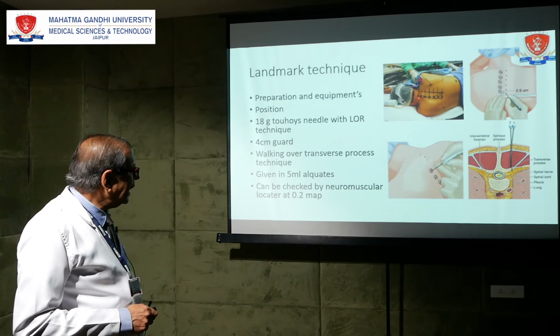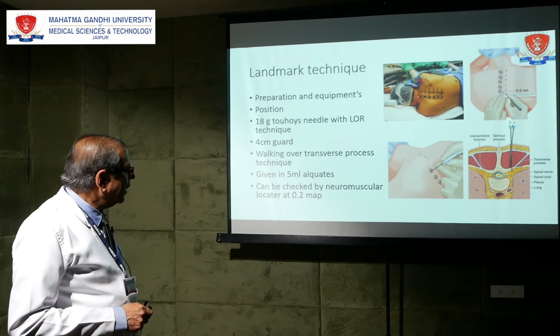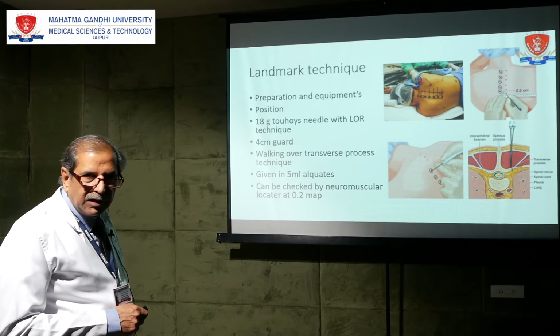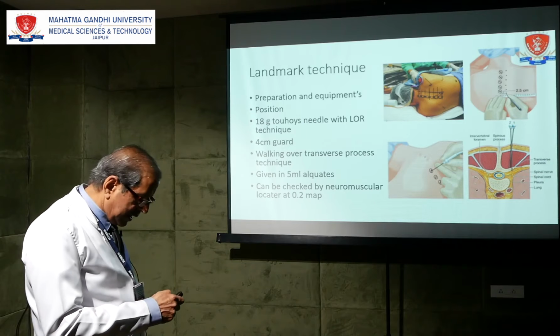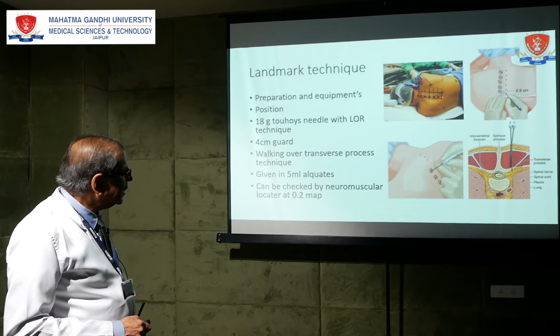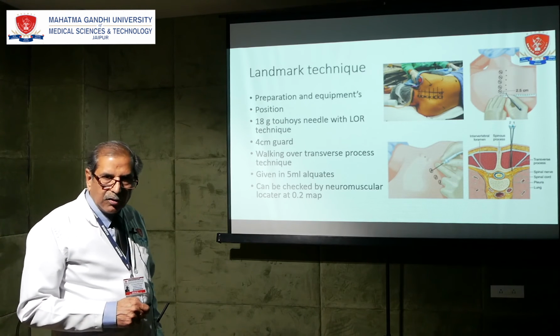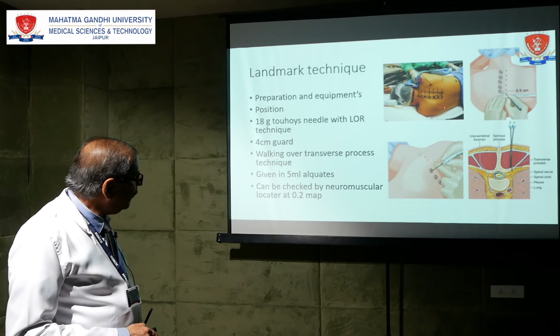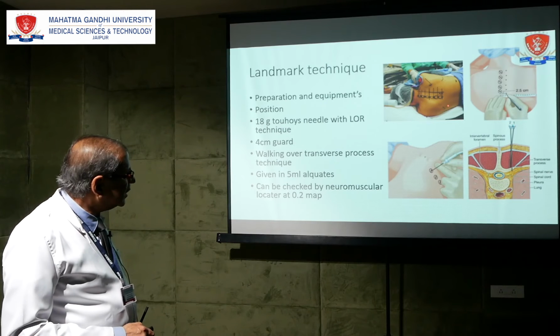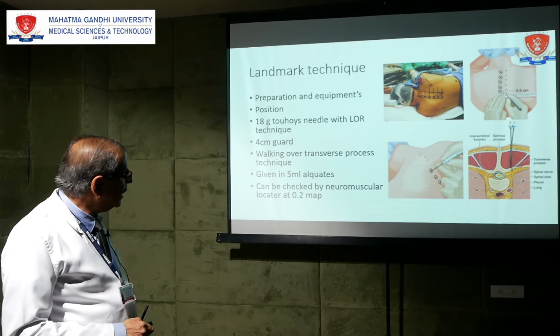So, one of the landmarks here is the spinous process of the 7th cervical vertebra, which is most prominent. Another landmark is T7, the 7th thoracic spine, and that is at the level of the angle of the scapula, right.